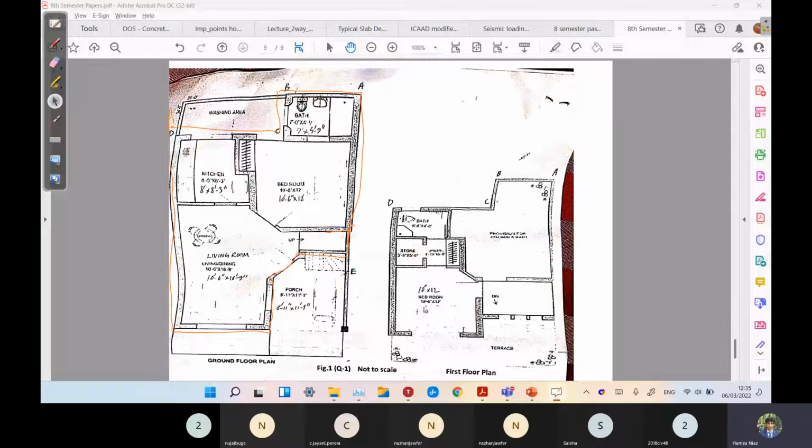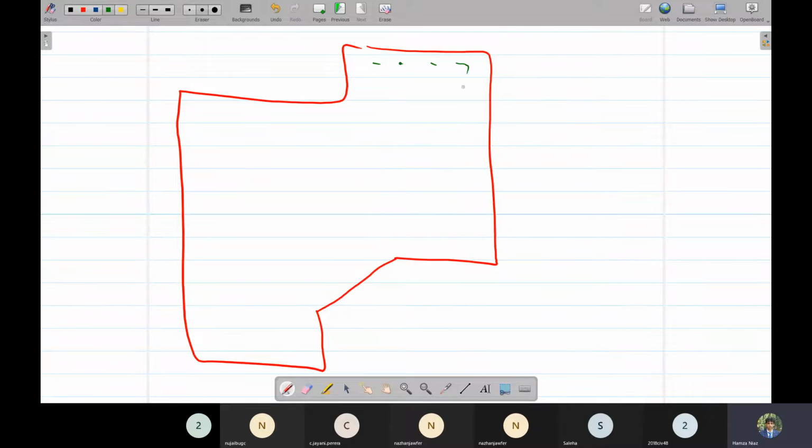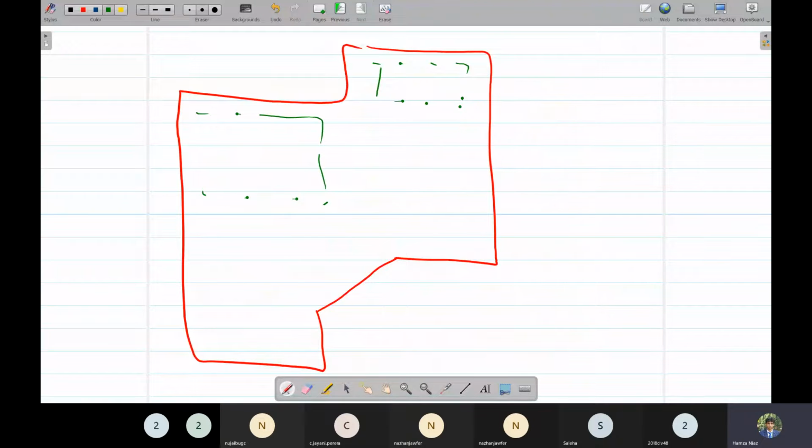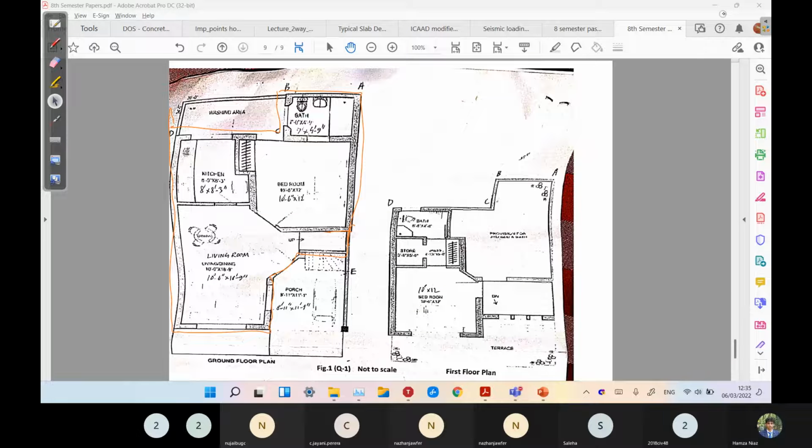Then we have to show the walls in the drawing by dotted lines. This is for the bathroom, the bedroom and the kitchen. This is for the kitchen. This is for the bedroom and the stairs and living room.